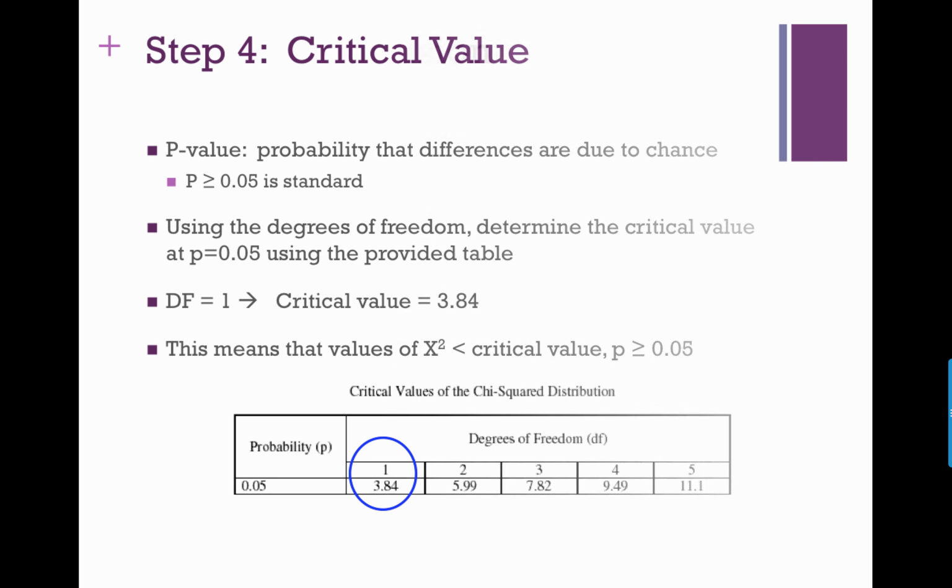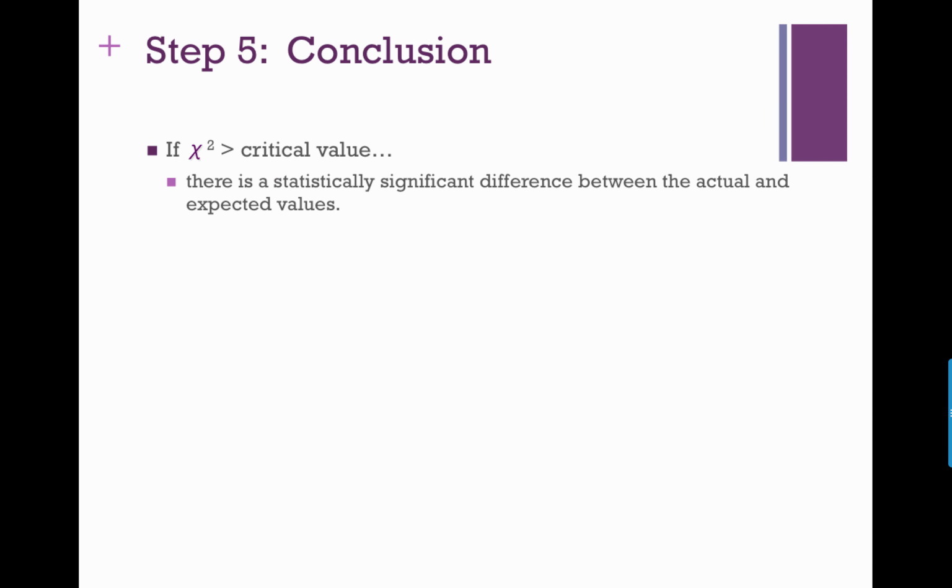Now for my conclusion, what I want to do is compare that chi-squared term to my critical value. If the chi-squared term is greater than the critical value, then there's a statistically significant difference between the actual and expected values. So the difference is not likely due to chance, it's due to probably something else.